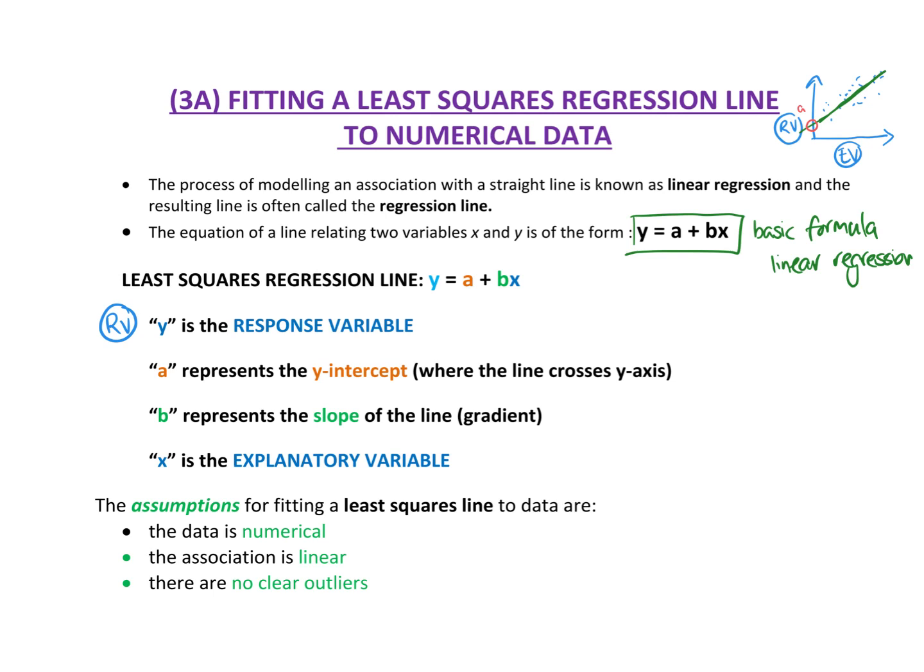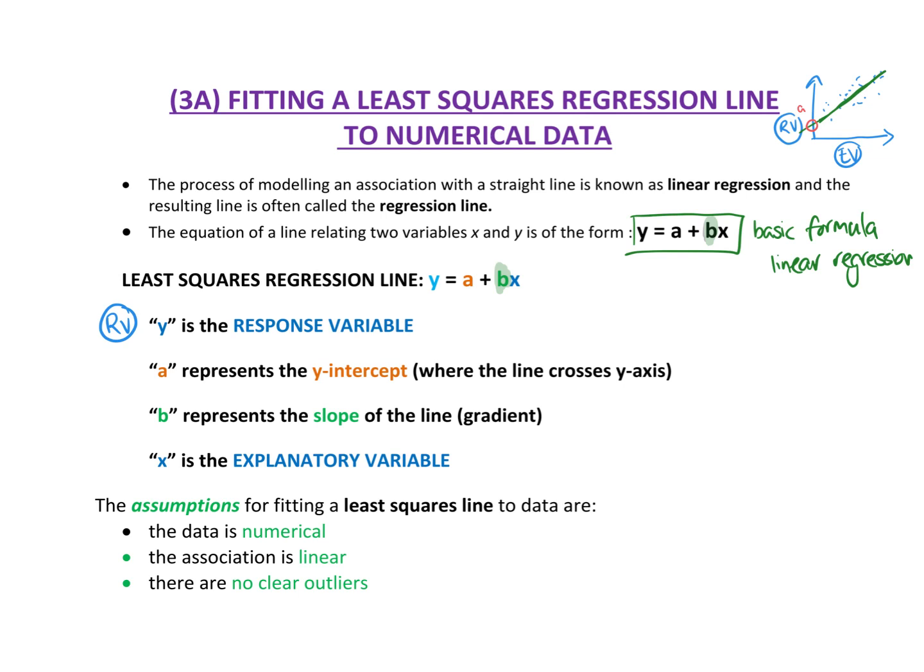Okay, now the B value, which you can see here in the formula, that's the slope or the gradient, okay? So you guys would have normally heard it as the M, but now in general maths we call it the B value. And it's still the slope and the gradient.